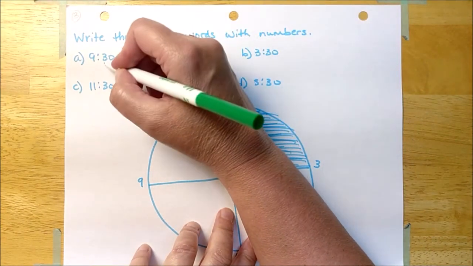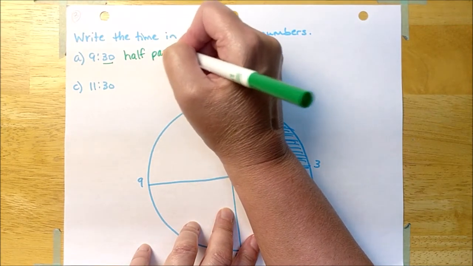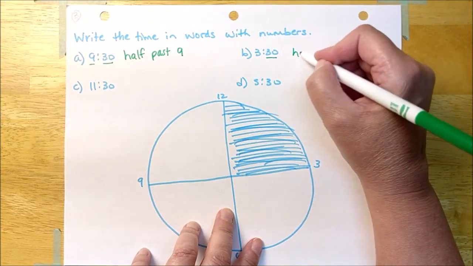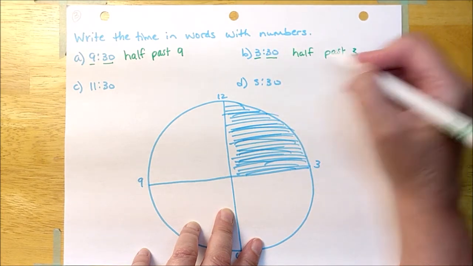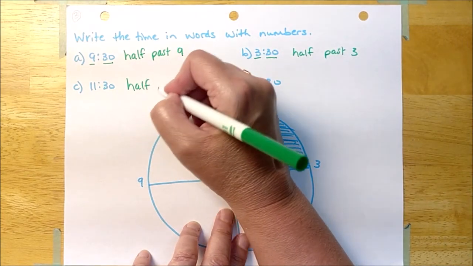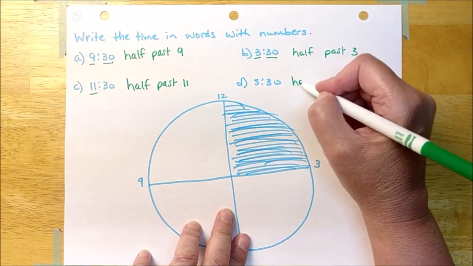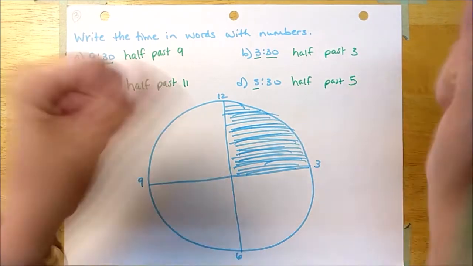Because it's 30 minutes, I would say it's half past 9. Here, 30 minutes, so it's half past my hour, 3. Half past my hour, 11. Half past my hour, which is 5. I hope you got those.